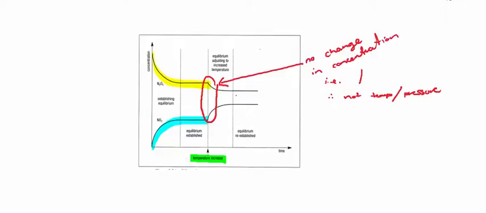And we can see this is where our change occurs. Notice we don't have any vertical line in this case. So by looking at the graph, we know straight away that the change has not been a change to concentration or pressure because there is no jump or drop in the concentrations. So at that point, we just need to consider the shapes here. We looked at the shape on the last graph.